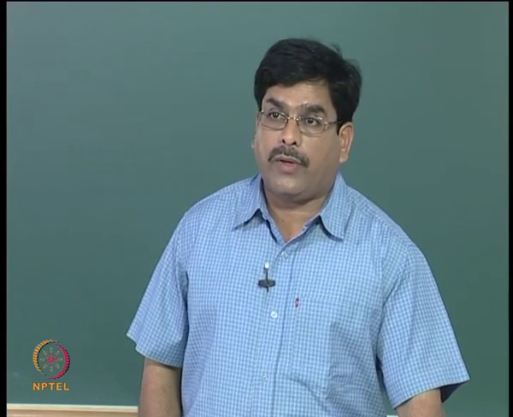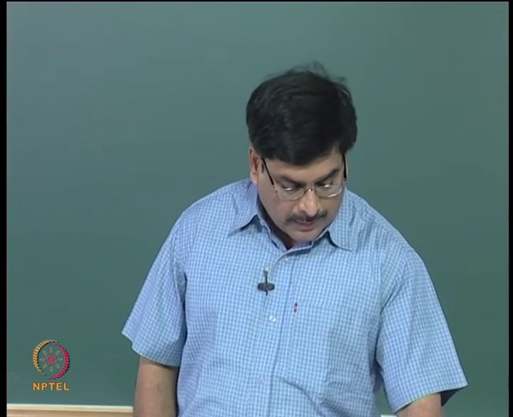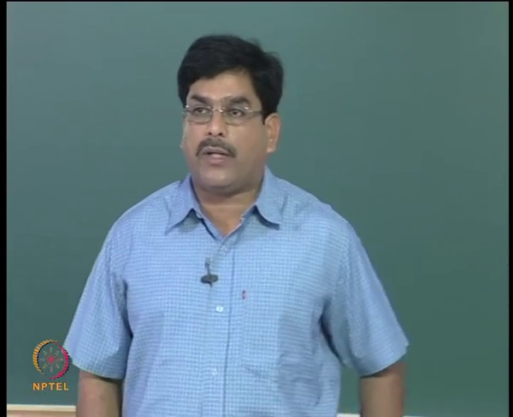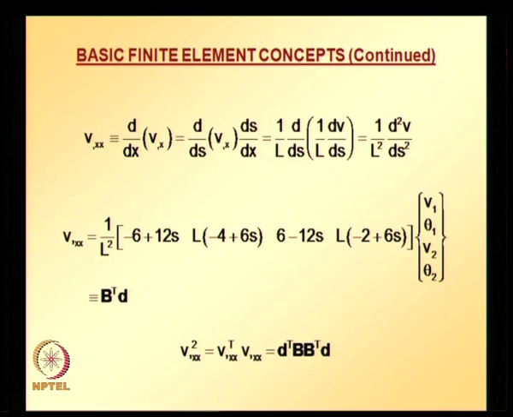Because the second derivative of V with respect to x is a scalar quantity, we can write this as the second derivative of V transpose times the second derivative of V, and we just noted that the second derivative of V is nothing but B transpose D. Substituting that, we get the square of the second derivative of V as D transpose B B transpose D.